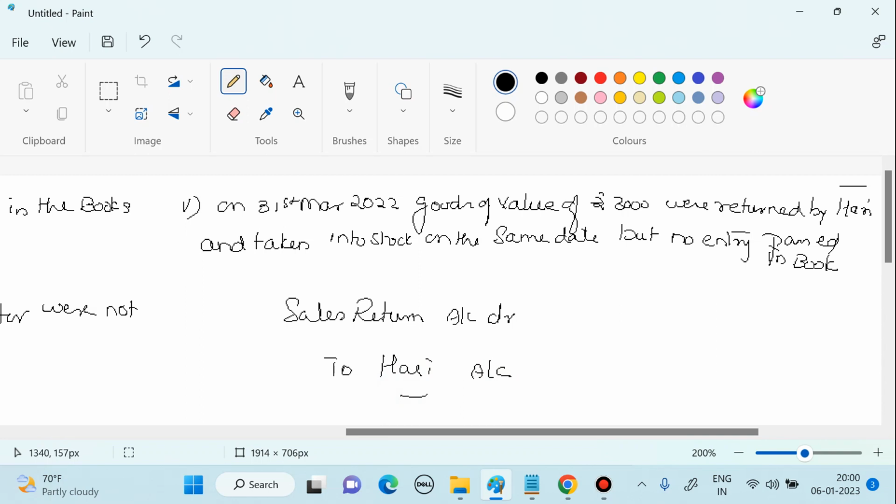So you just record that particular transaction. The other term is return inward. So Hari was a debtor, had a debit balance. Now to the extent of the goods returned, we are not going to receive the money from him. So to reduce it, we are crediting him by the amount of goods returned. Got it? Yes, ma'am.